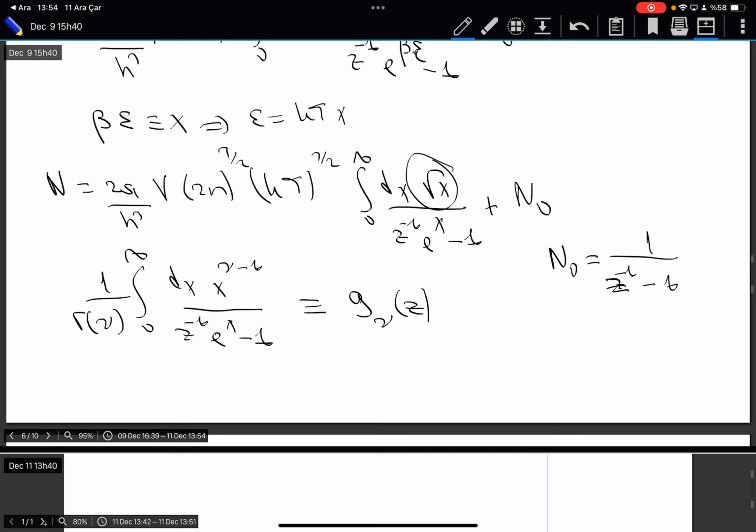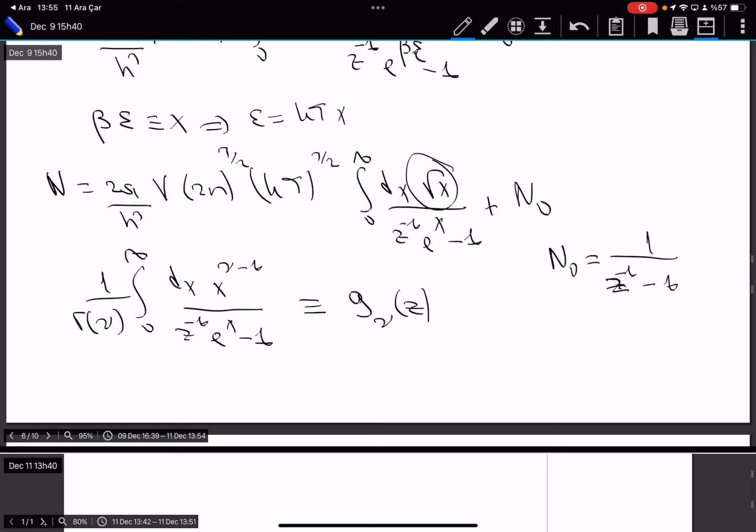When x is equal to 0, it's just 0. So there's no contribution from the point x equal to 0 to that integral. So I don't really care whether the sum starts from 0 or 0 plus, a number very close to 0. And at critical temperature, below, we just have N0 there. No, we will see what happens below the critical temperature.